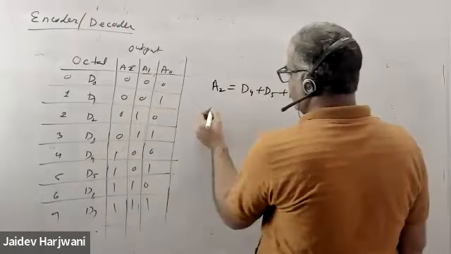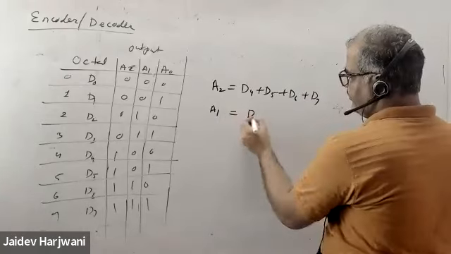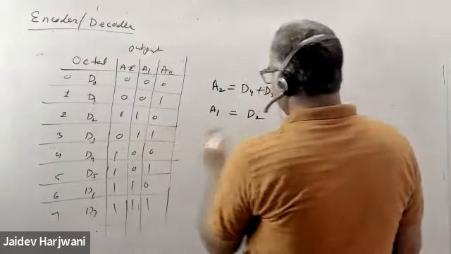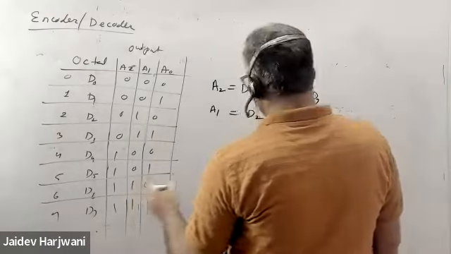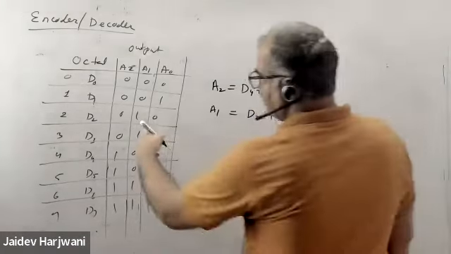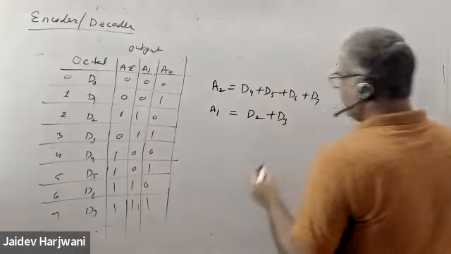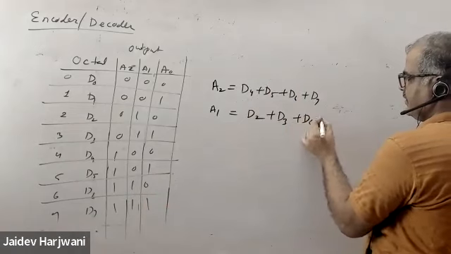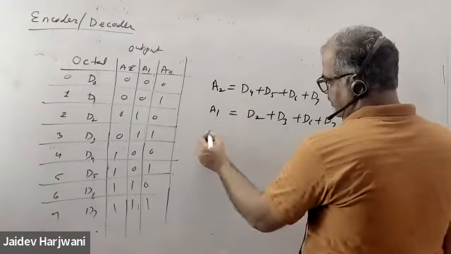Similarly, you want A1. So A1 is basically your D2, D3, and then you have D6, D7. Similarly, I want to write A0.